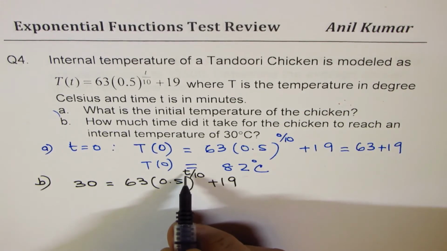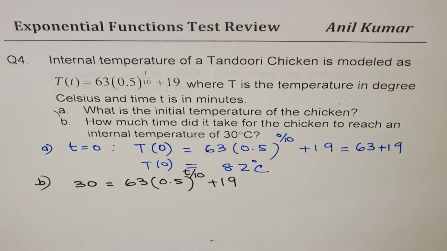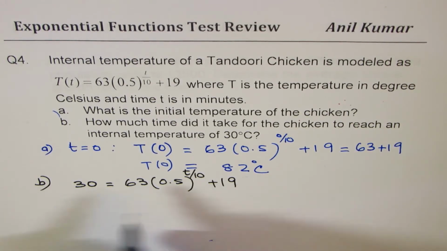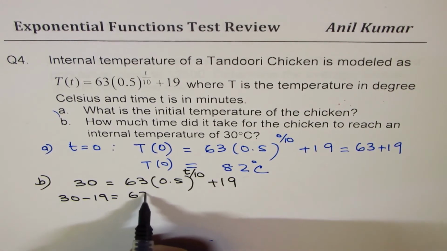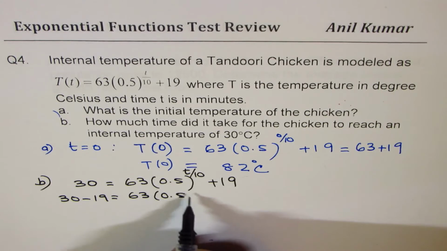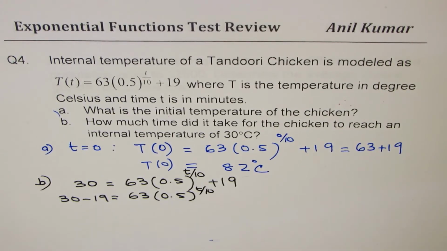You have to find this lowercase t, time in minutes. How are you going to find it? It is an extremely important exercise. I'd like your attention to understand this, and you may have to remember a formula. So first, let us rearrange so we get 30 minus 19 equals 63 times 0.5 to the power of t over 10.